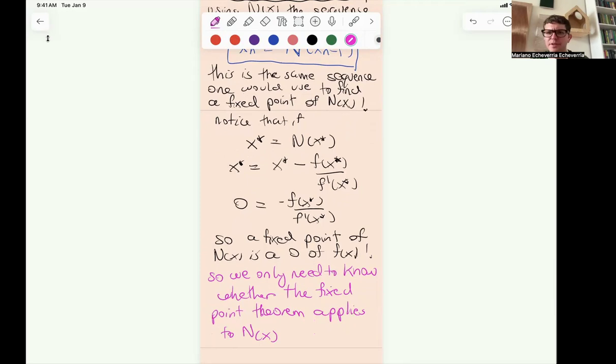I don't know, does anyone remember from yesterday what is an important condition that we had to check for the fixed point theorem to work?